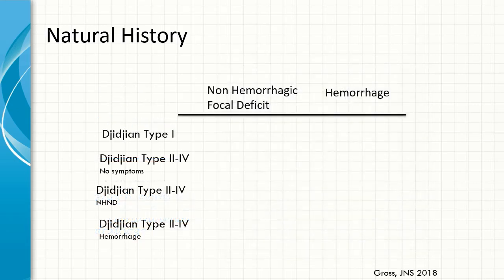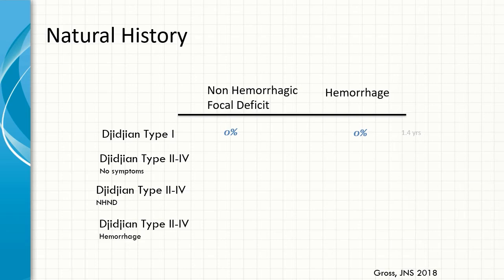So what happens to patients with dural AV fistula over time? This data comes from the multi-center study by Gross et al. in 2018. For those with a type 1 fistula, they were followed for an average of 1.4 years, and no patient developed a non-hemorrhagic focal deficit, and no patient developed hemorrhage.